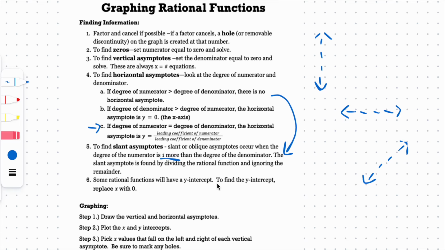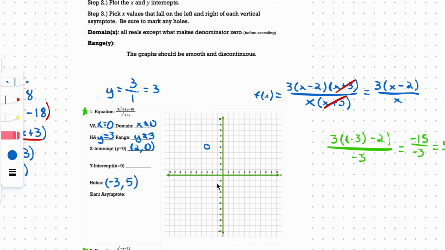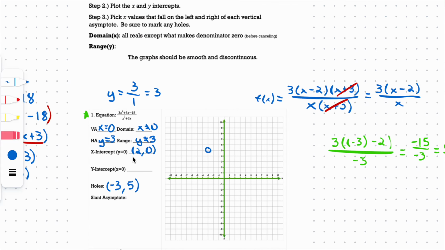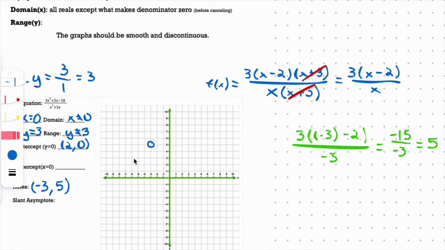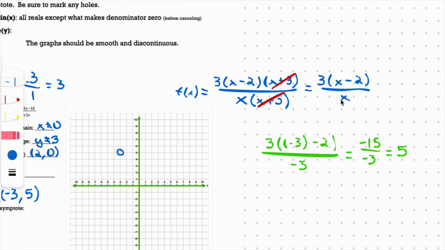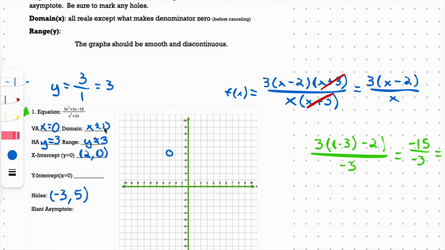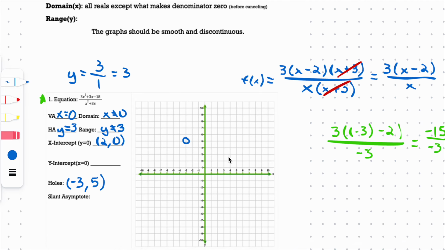And now we want to see if there's a y-intercept, and if there is, what that y-intercept is. And so we find that y-intercept by plugging 0 in for x, and we see pretty quickly that we can't have that because we have a domain restriction at x equals 0, which is along that y-axis. So this does not apply.